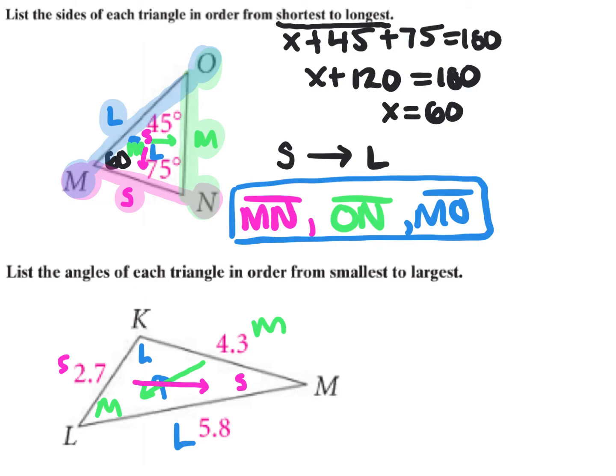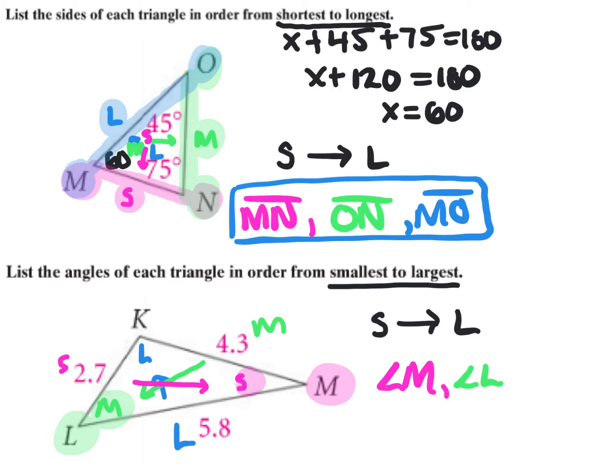Now if I want to list these in order from small to large, I have my small angle, which is angle M. Then I have my medium angle, which is angle L. And my large angle, which is angle K.